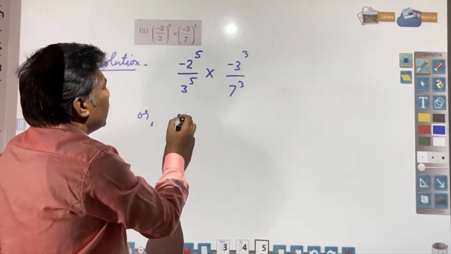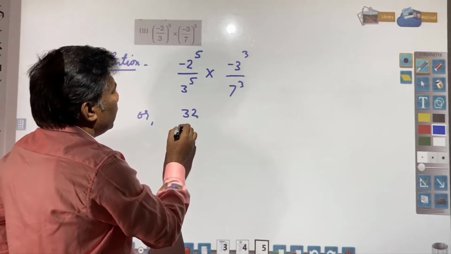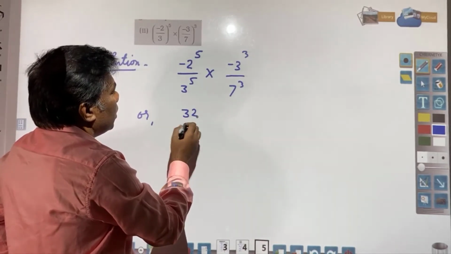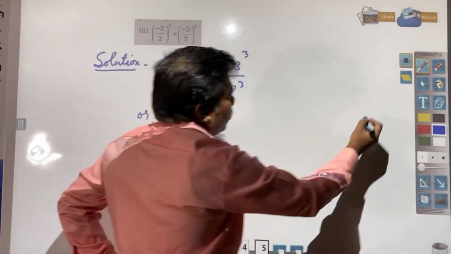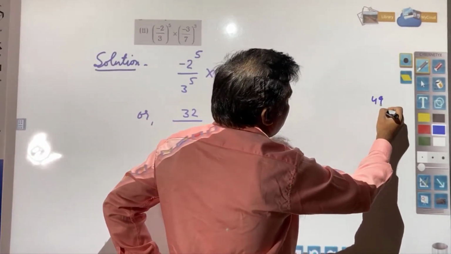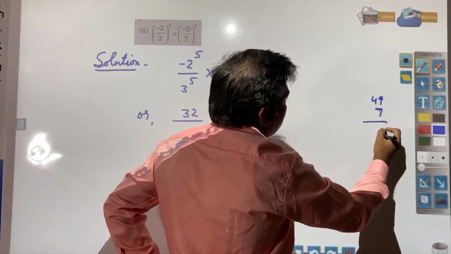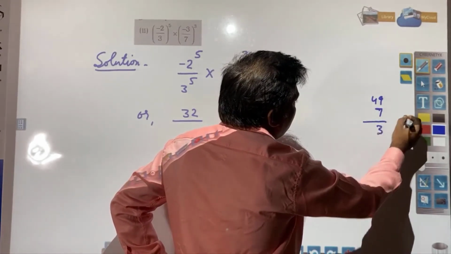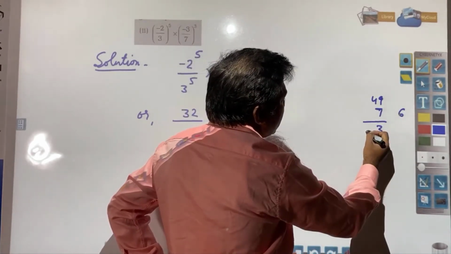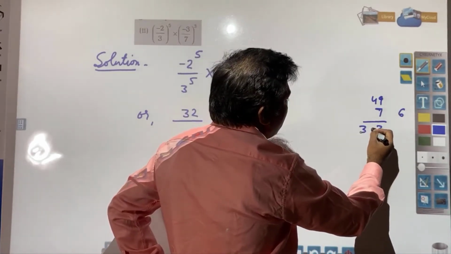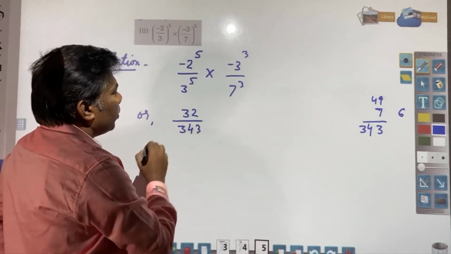So here we can write directly 32 divided by 7 to the power 3. If we multiply, 7 9s are 63, 7 4s are 28, and 6 makes 34. So this will be 343.